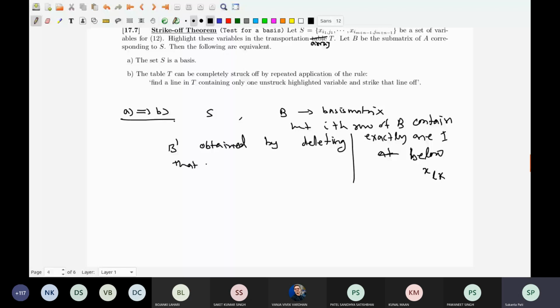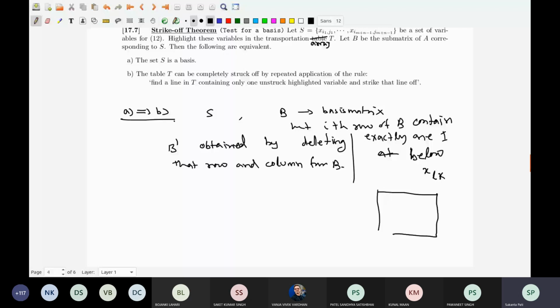Now, because of our previous comparison that it contains a 1 at xlk, it basically means in the table also you will see a line in which xlk is the only one that is highlighted. That is done in the previous comparison.